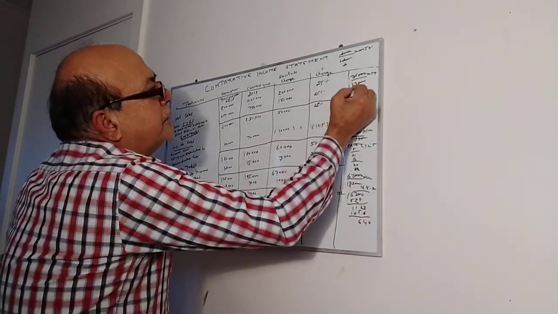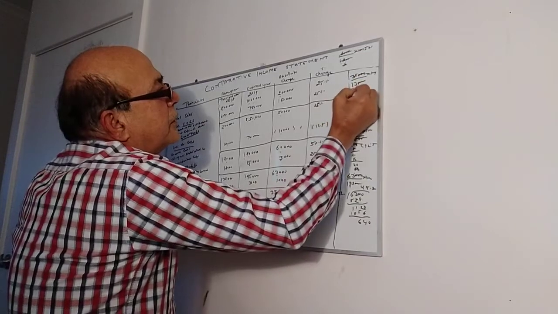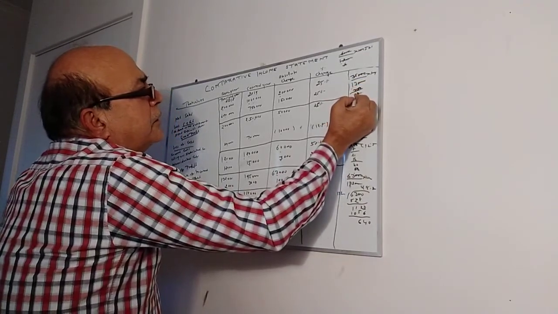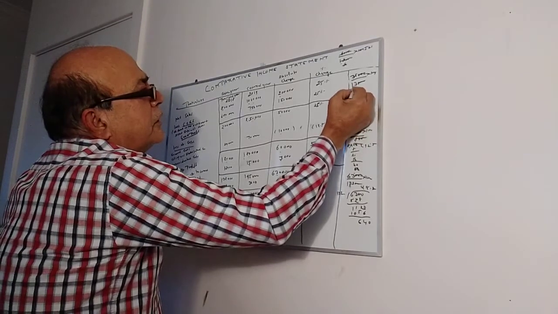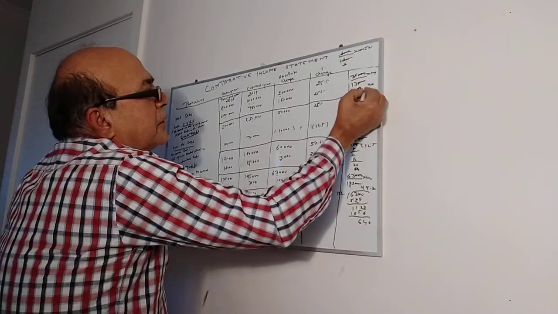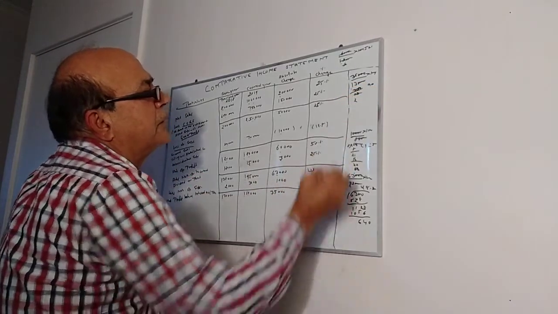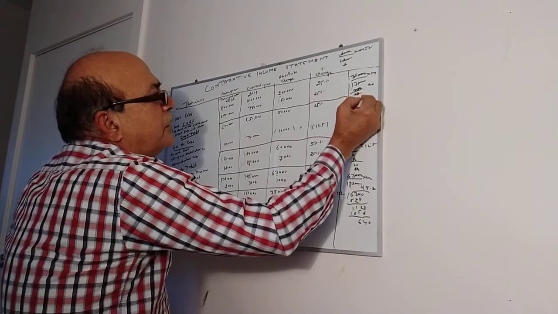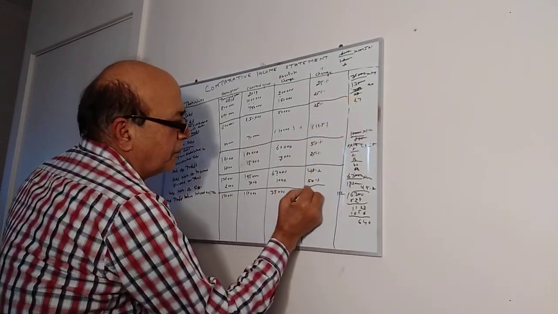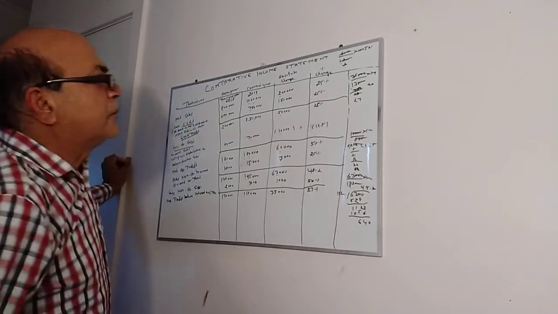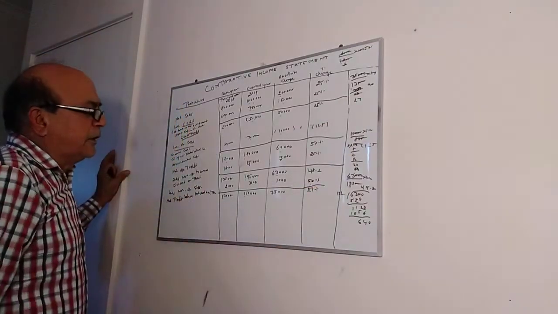So this is 350 upon 13. 13 2 the 26, 9. It becomes 6 2 the 78. It will come 26.9, so we will consider it 27%.